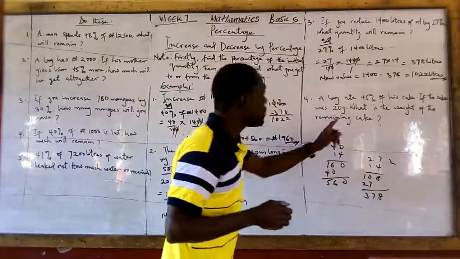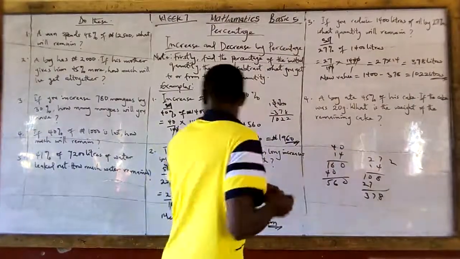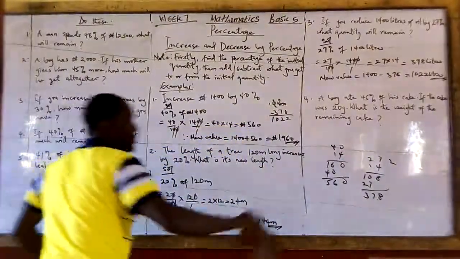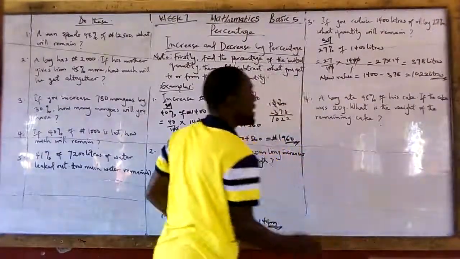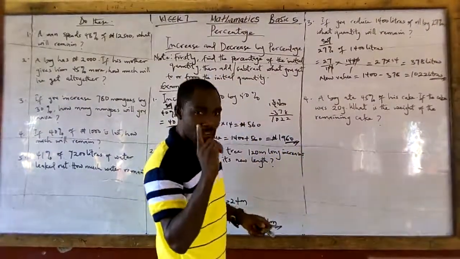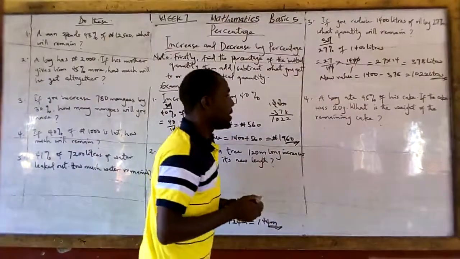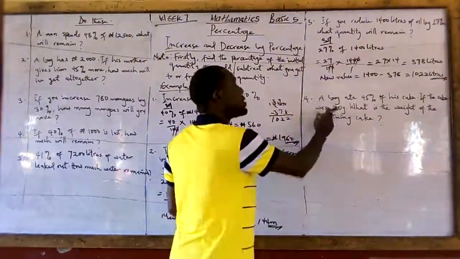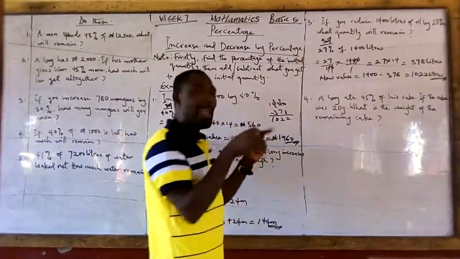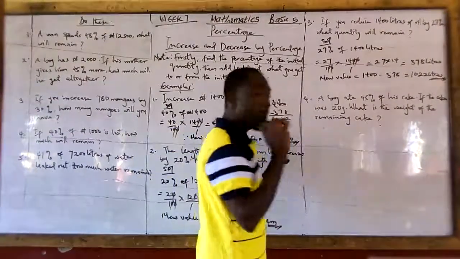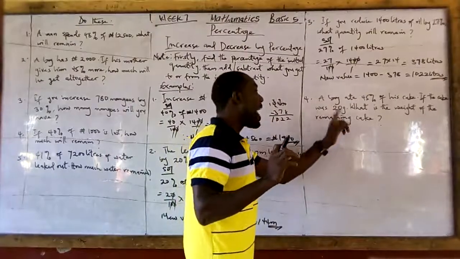Let's go to the last one that I will be giving to you this morning. A boy ate 45% of his cake. Now, if the cake was 20 grams, what is the weight of the remaining cake? The initial weight of the cake is 20 grams, and he ate 45% of it.